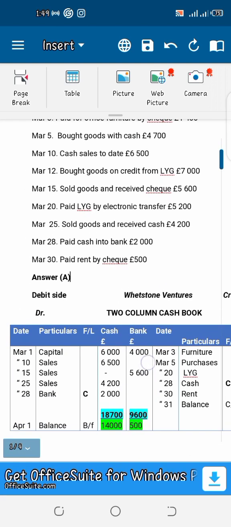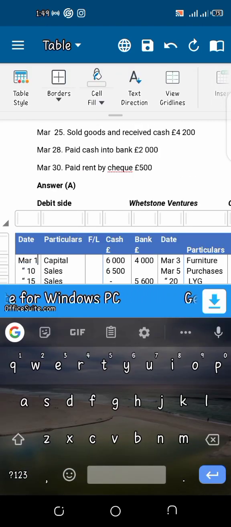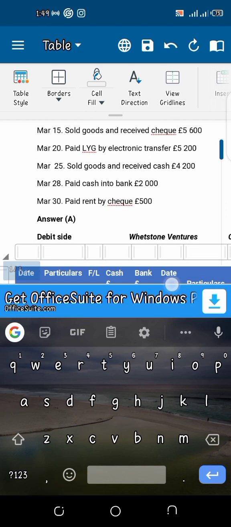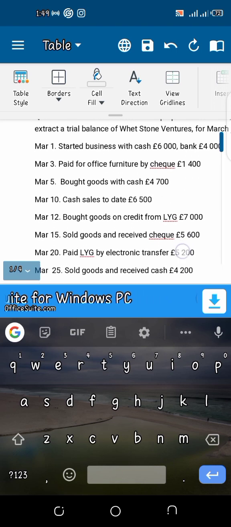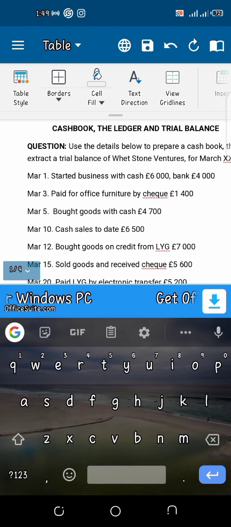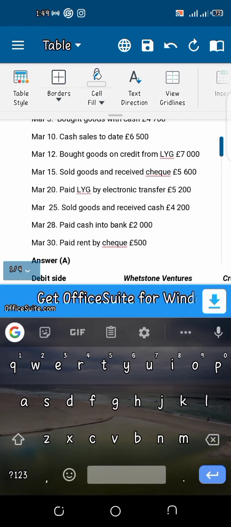So at the debit side, we see March 1, capital, 6,000 in the cash column and 4,000 in the bank column. The bank column indicates that 4,000 is in the bank account of the business and 6,000 is cash in hand in the office.